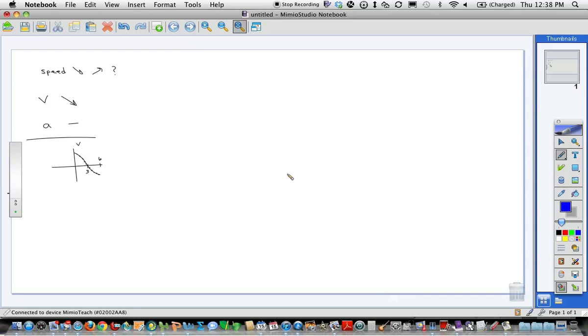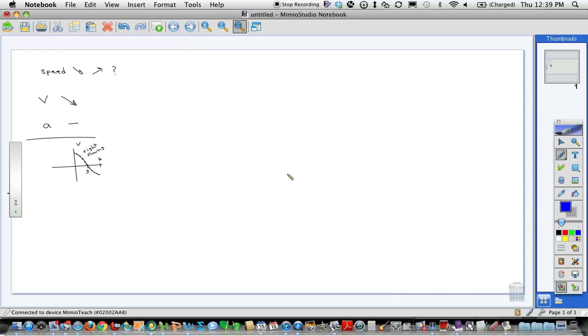Now let's talk about the object. Let's say the object's moving left and right. Right is positive, left is negative. So what's the object doing right through here? Since the velocity is positive, it's going to the right. But it's getting less positive, which means it's slowing down. So this is right and slowing. Is its speed increasing or decreasing?